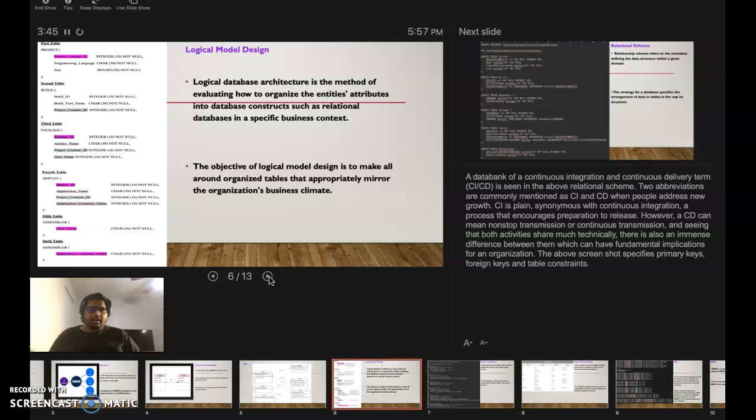However, CD can mean continuous delivery or continuous deployment, and while both activities share much technically, there is also an immense difference between them, which has fundamental implications. Anyhow, logical model design is finally laying out the conceptual design into a logical format to design the database. Moving on.